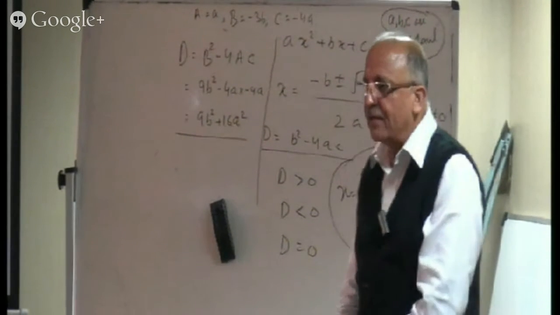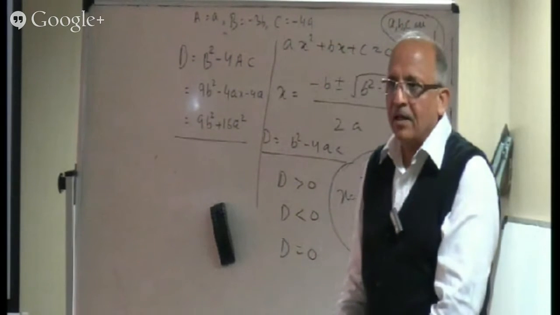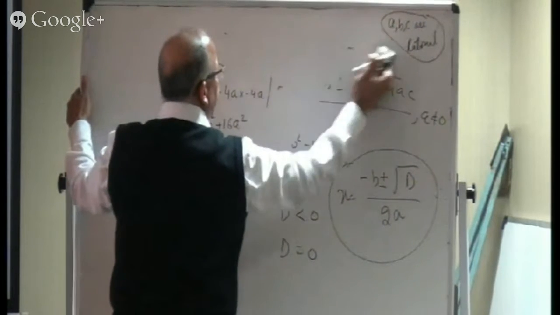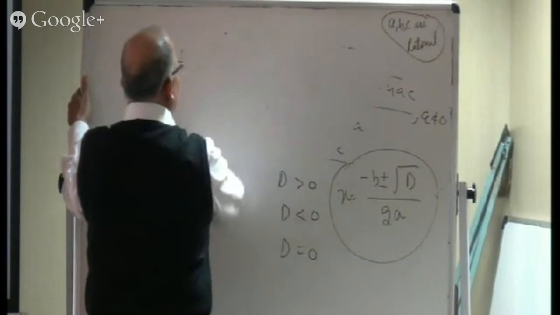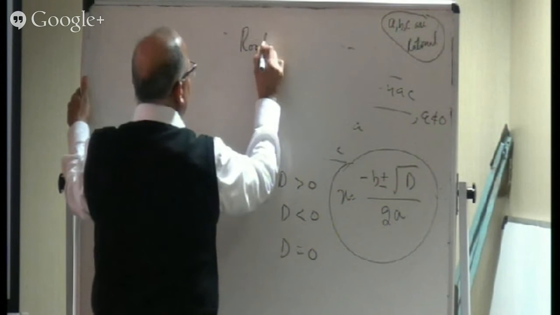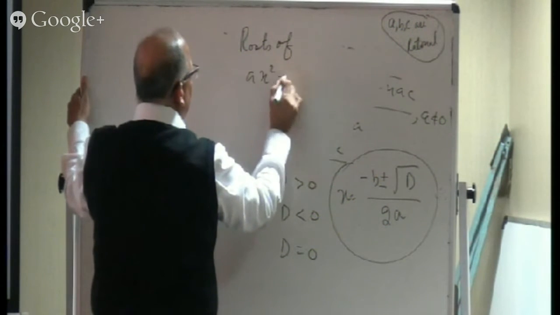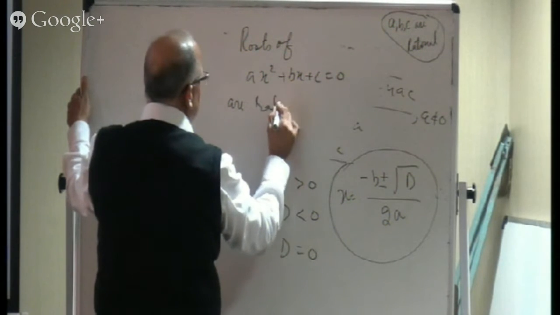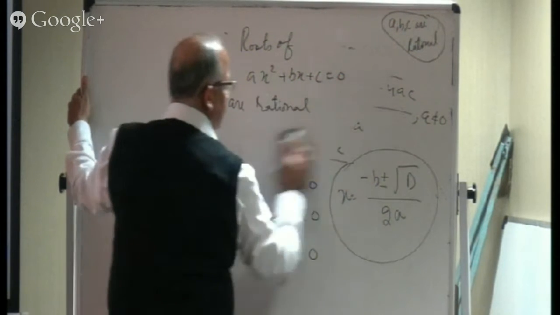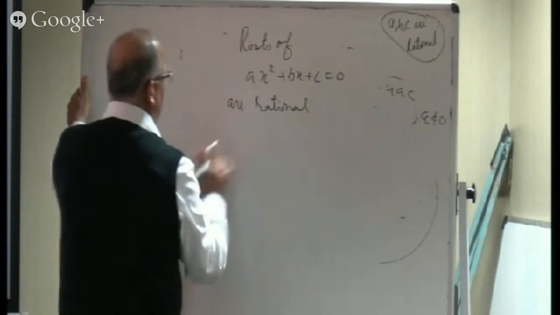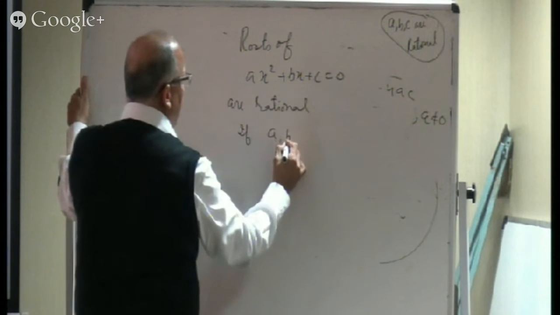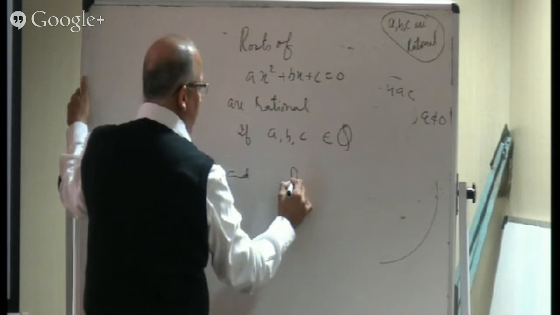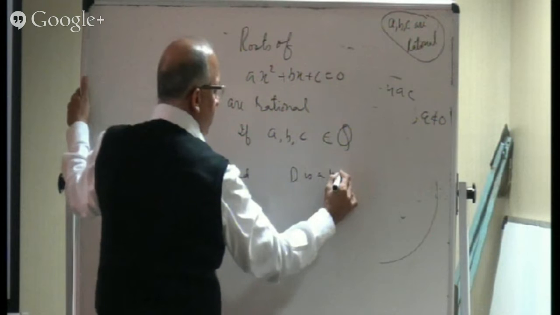So what is the condition therefore for roots of a given quadratic equation to be rational? Roots of ax square plus bx plus c equal to 0 are rational if A, B, C all are rational and D is a perfect square.